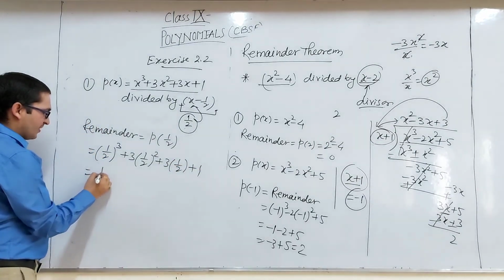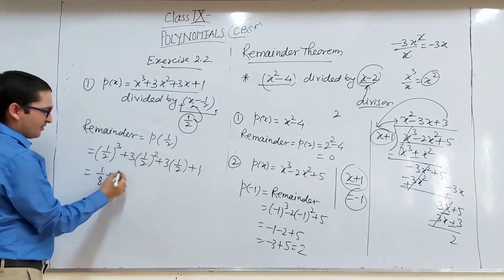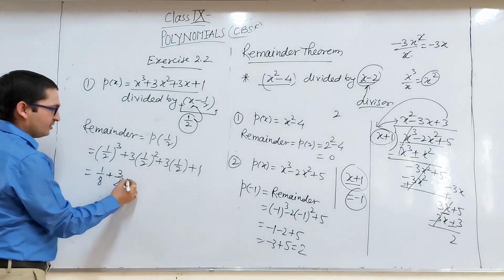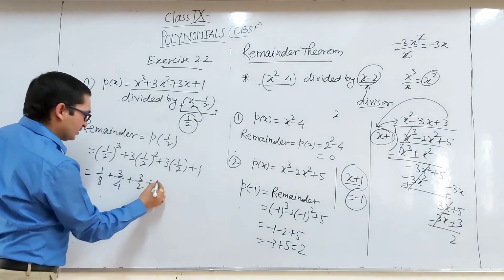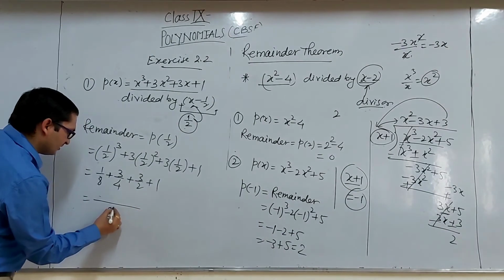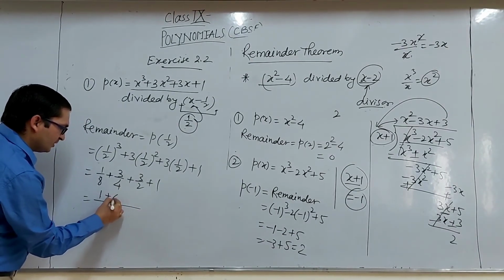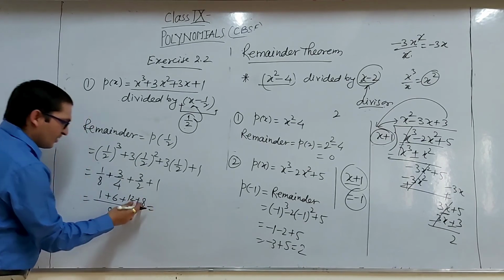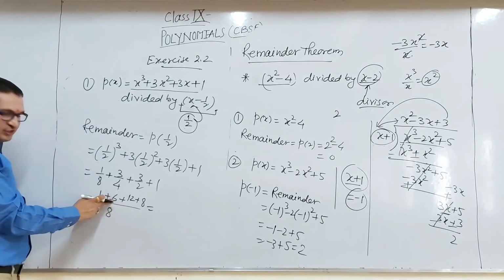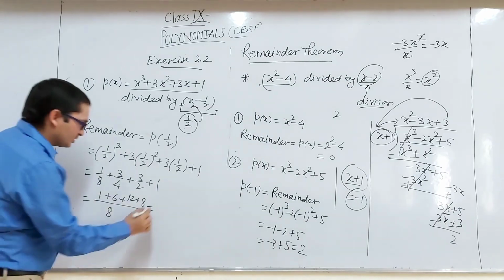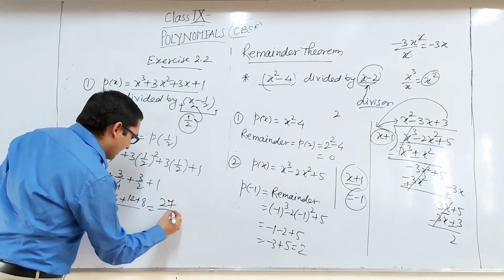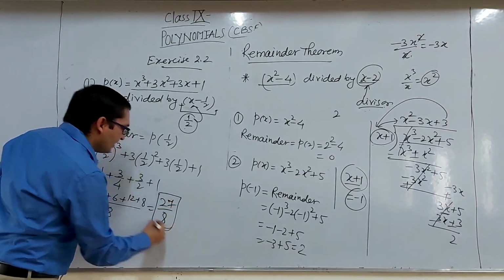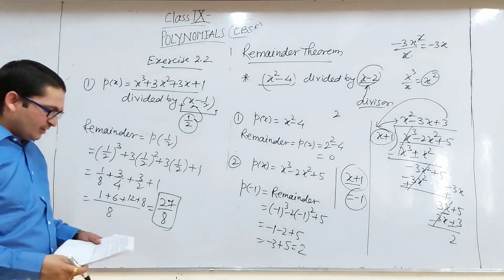It will be 1 upon 8 plus 3 upon 4 plus 3 upon 2 plus 1. Take LCM, 8. 1, then 3 times 2 is 6, 3 times 4 is 12, 8. 12 plus 8 is 20, 20 plus 6 is 26, 26 plus 1 is 27 upon 8. So this is the remainder of this polynomial.